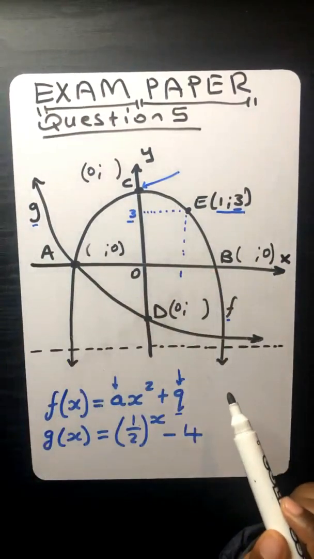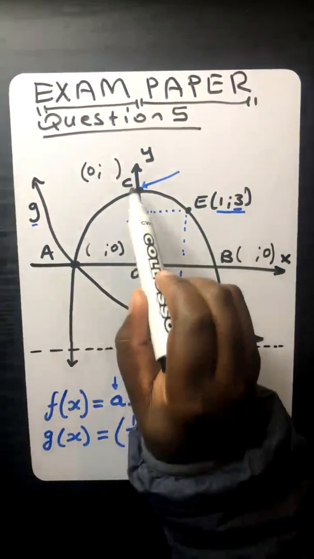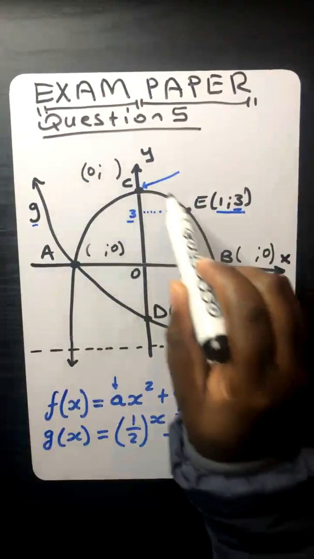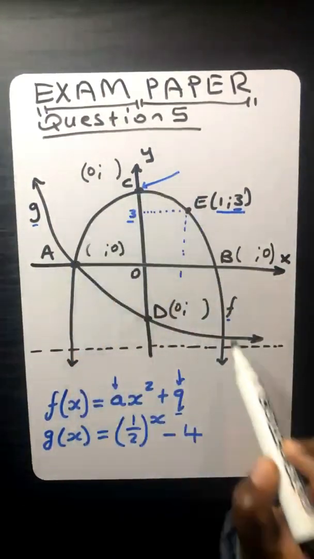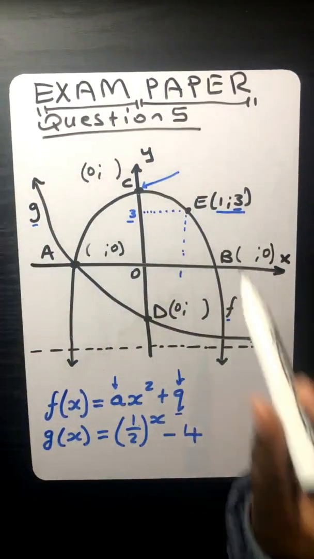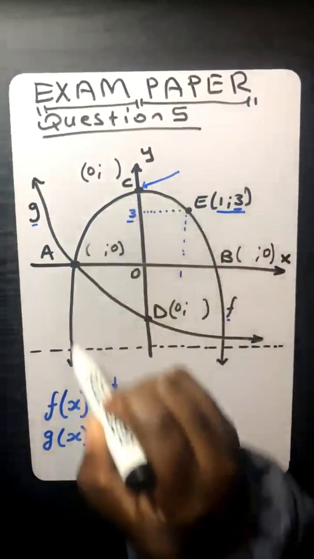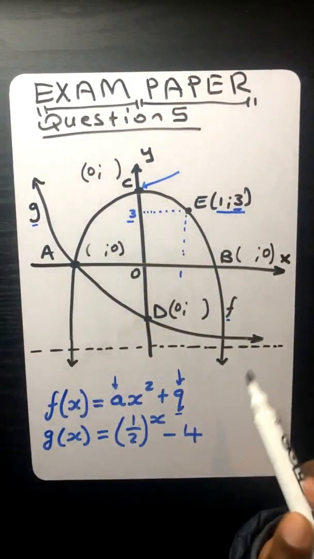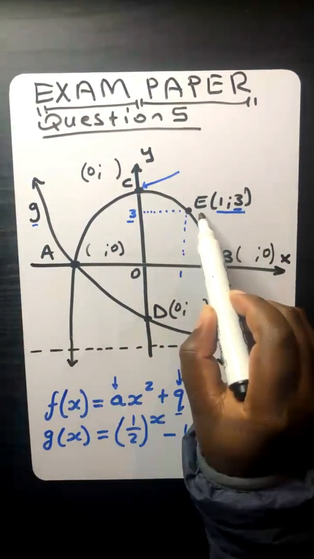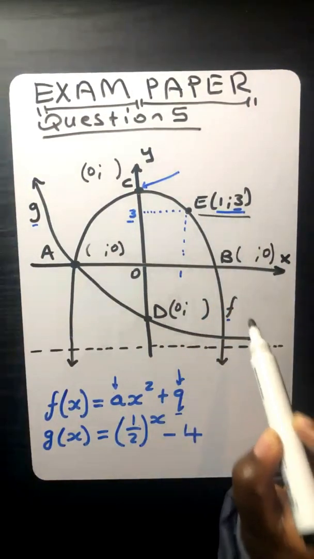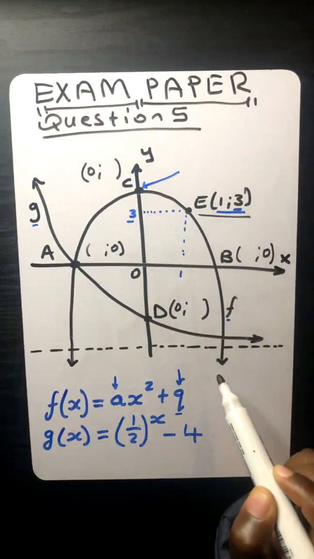preference for answers. Why preference? Because C lies on that function for preference. Ladies and gentlemen, E is a point along that function for preference. So that means you can only use that coordinate, that point E, on the formula for preference.